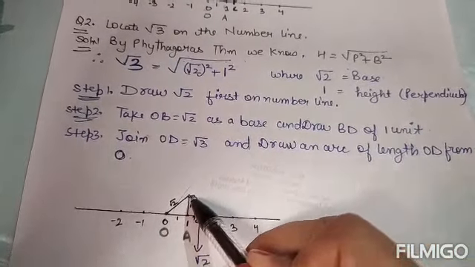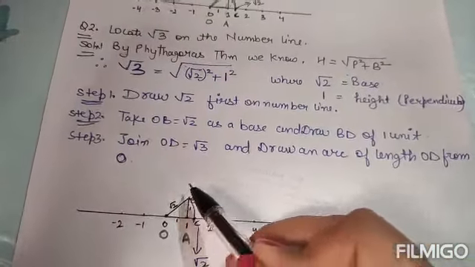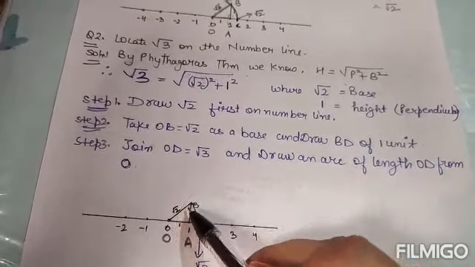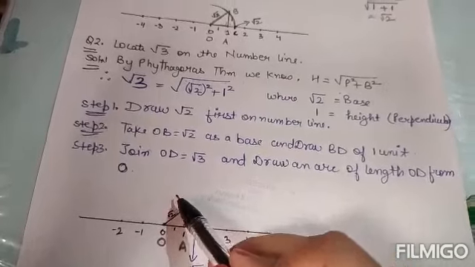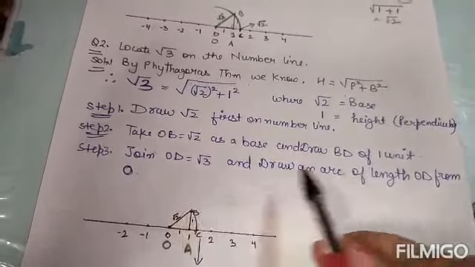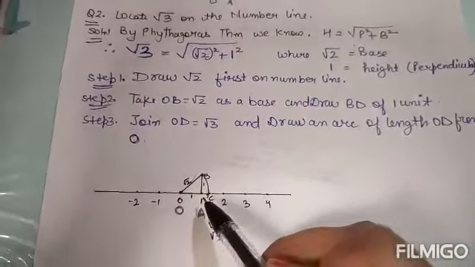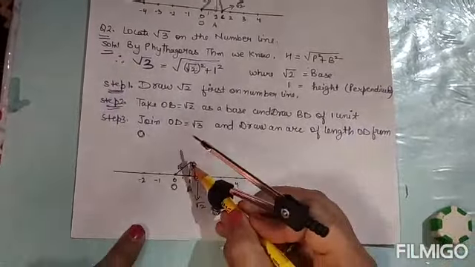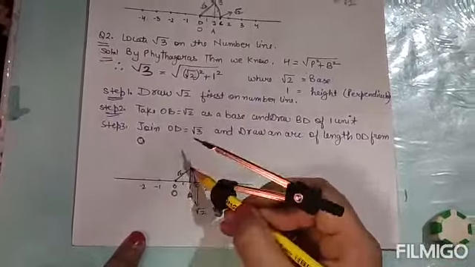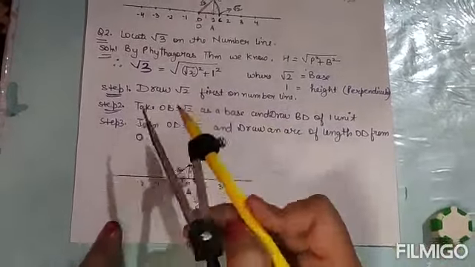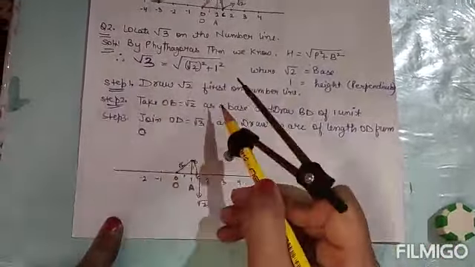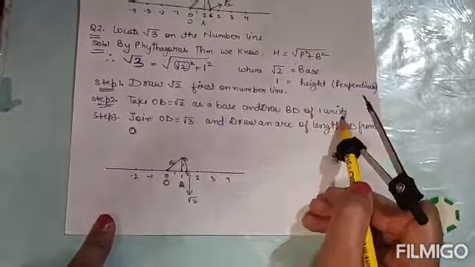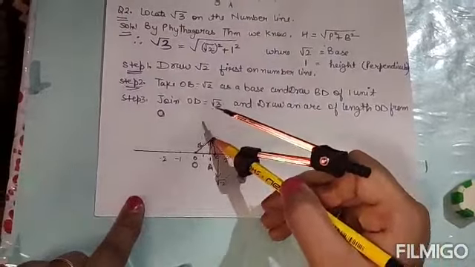It is a base OB, and we will draw a line BD of length 1 unit. Look how we will do it. So this line OB, this is OA, and it is AB. Now step 2, we have to draw OB as a base, we have already done, and draw BD of unit 1. This is BD.